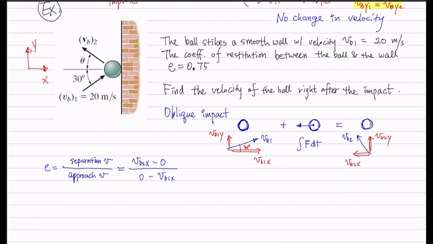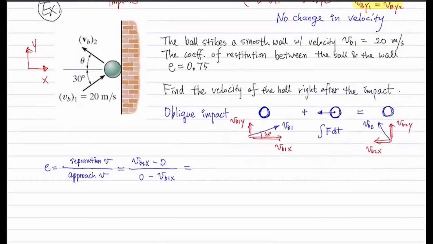So if we continue with this here, let me move this a little bit up so I can have some more space. And that one, we know it's 0.75 from here, right? So that is going to be minus 20 cosine 30 minus VB2 cosine theta. The reason why is if we call this guy theta, then this is going to be VB2 cosine theta, right?